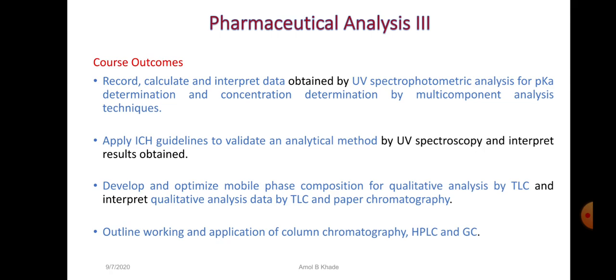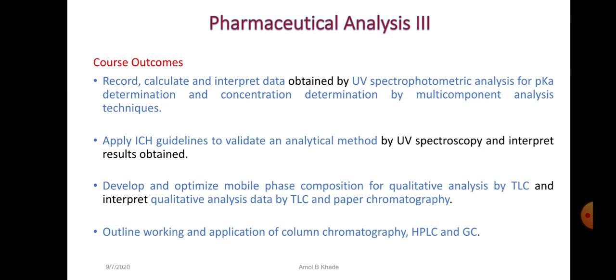We will be doing various multi-component analytical techniques and we will be discussing them in detail. The second outcome is to apply ICH guidelines, that is International Council for Harmonisation guidelines, to validate an analytical method by UV spectroscopy and interpret the results obtained. You may be aware ICH guidelines are very crucial as far as an analytical method is concerned, and we need to validate with certain parameters. So we will be discussing those.